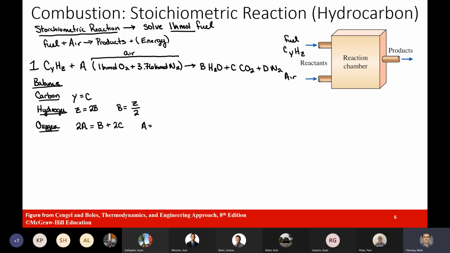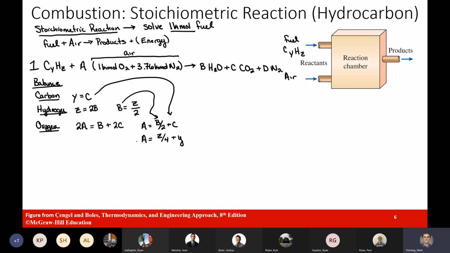We can find A. This is going to equal B divided by 2 plus C. But we'll note B is dependent solely on the fuel, and C is also dependent solely on the type of fuel that we have. And so we'll note that A is going to equal, we substitute in, Z divided by 4 plus Y.